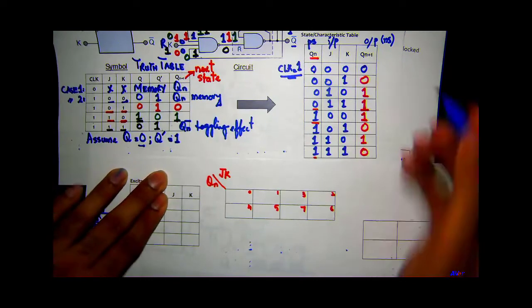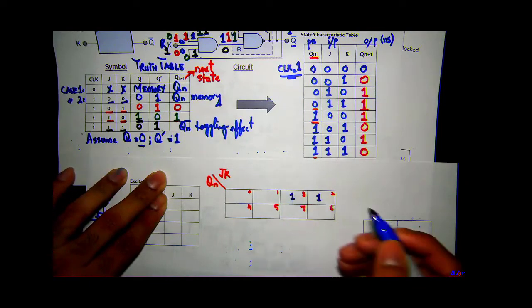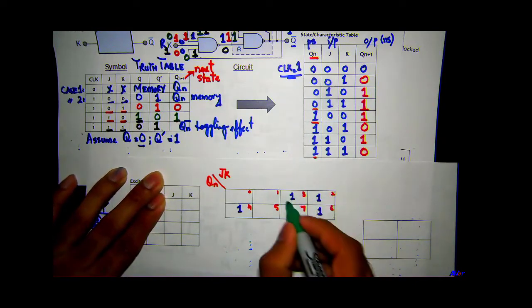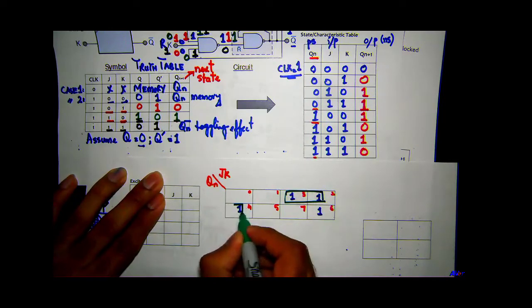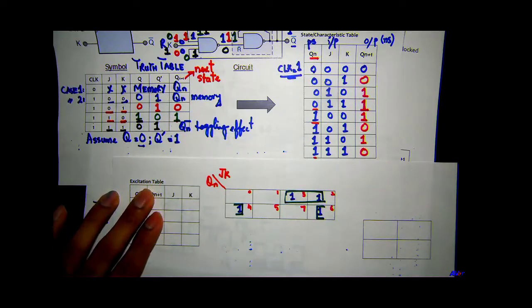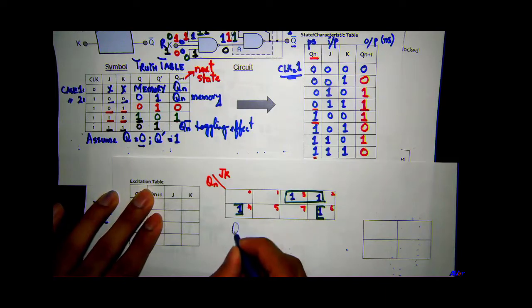Let's look at the min terms. We got 1 here, 1 here, 1 here, and 1 here. I think most of you agree, we will go with this one right here, and then this pair right here at the bottom at the edges. Okay, let's get the equation for the next state.